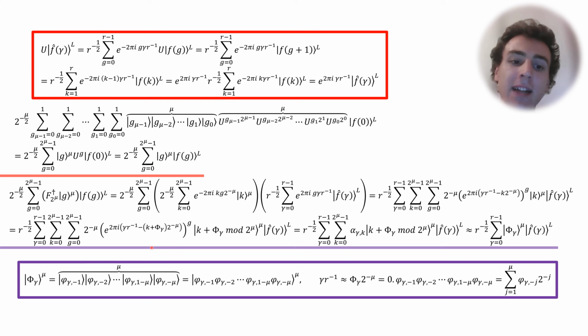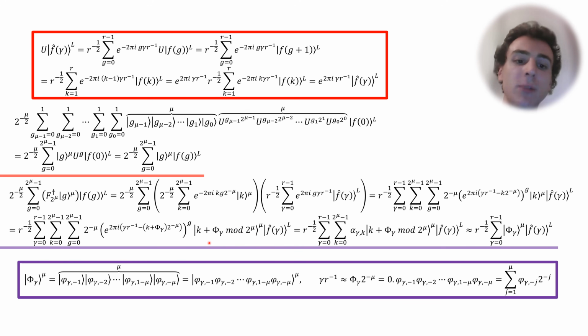We're going to add capital phi sub gamma to all of the values of k. So inside this exponential, we're going to add capital phi sub gamma. And also inside the label of this register x state, we're going to add phi sub gamma.